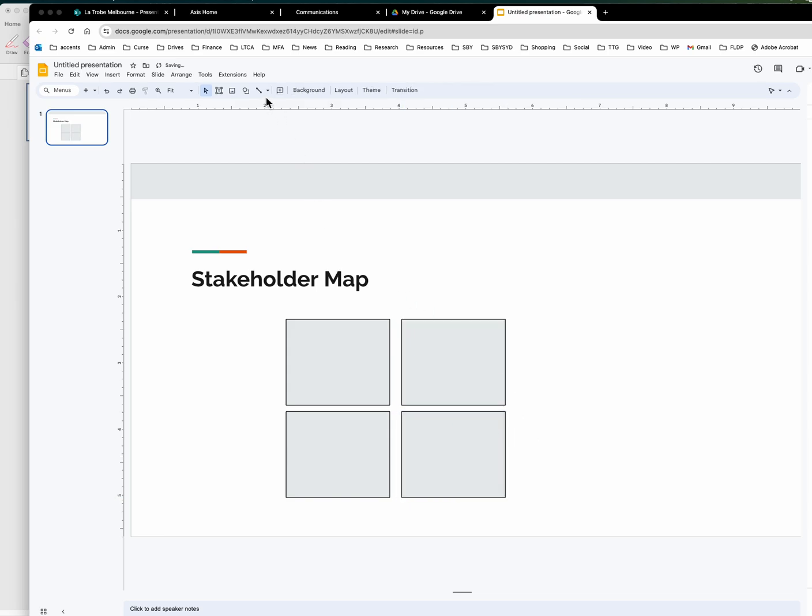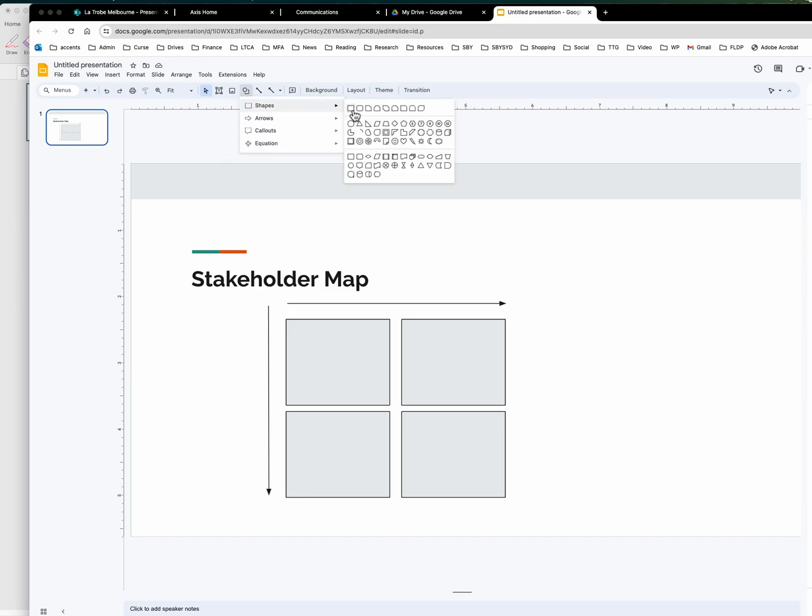And then of course we've got the interest and power lines. 1 arrow going across there, and then 1 vertical arrow going down there. And of course, you can do this with a shape.